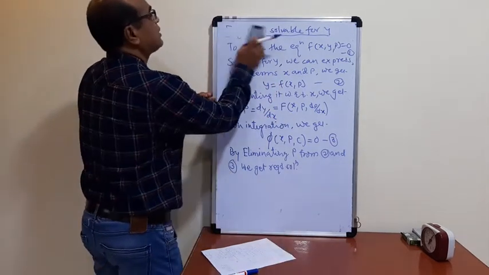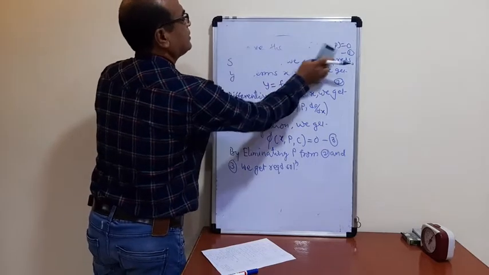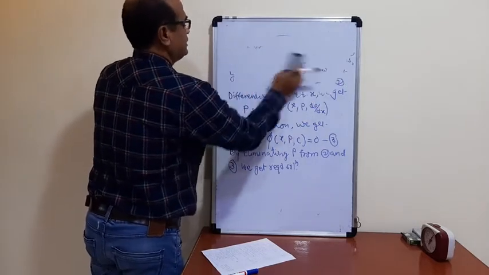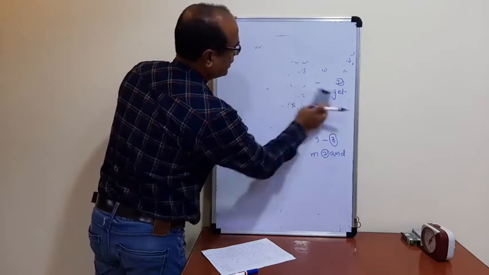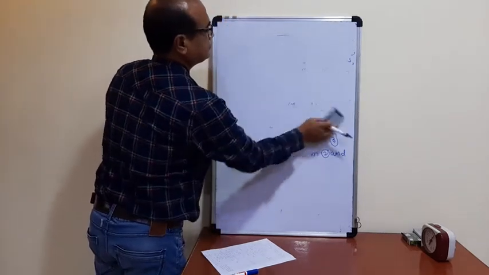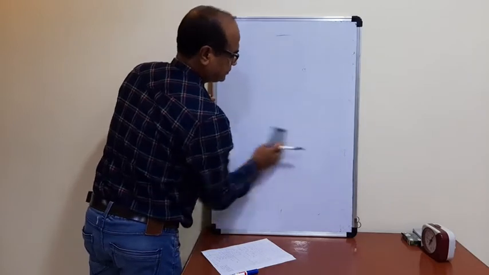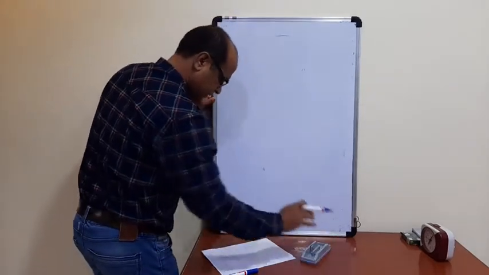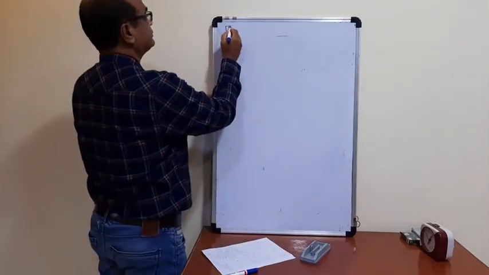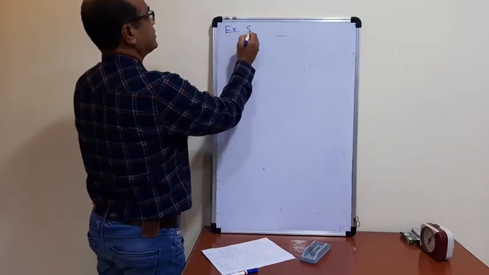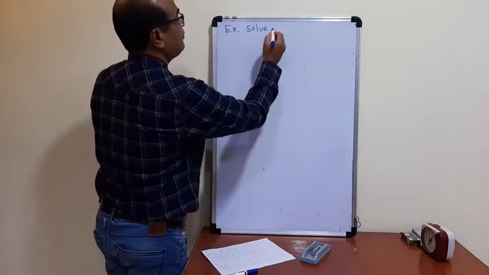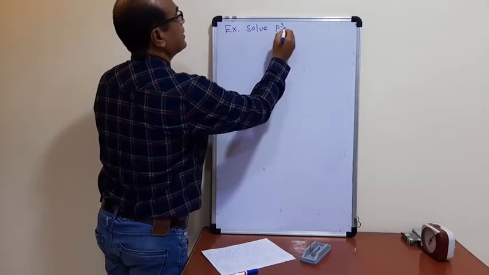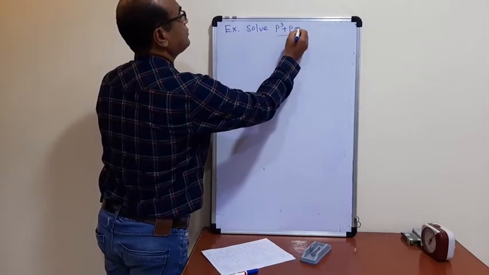Okay. So now we take an example of such type. A very simple example. Solve p cube plus p is equal to e raised to y.